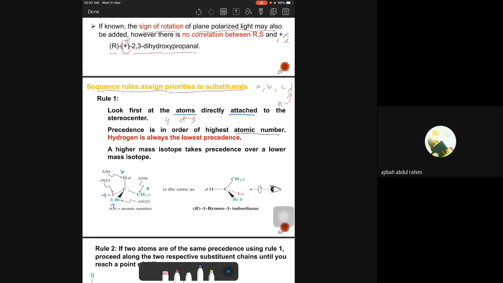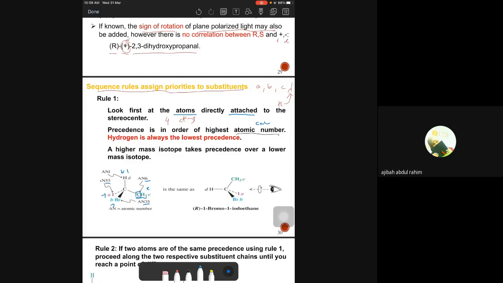So if you have a CH3 like this, you don't look at the whole group, the CH3. You only look at the carbon. We only see the atomic number of the carbon itself. So hydrogen, the atomic number would be 1. Here it is already written: iodine is 53, bromine is 35, and carbon is 6.